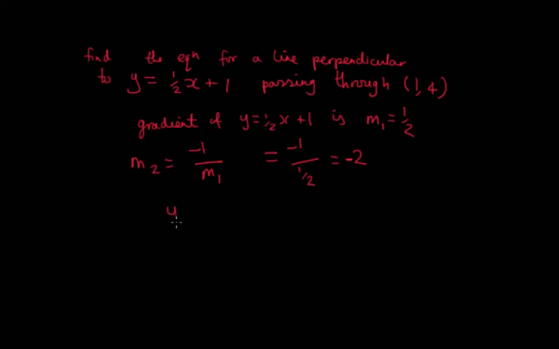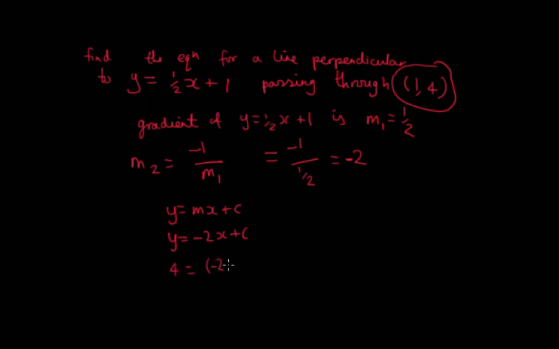So let's put that into a general form, y equals mx plus c. So we know m, y equals minus 2x plus c. Now just as before, we know it passes through this point. So let's put in the values of x and y. So y is 4.